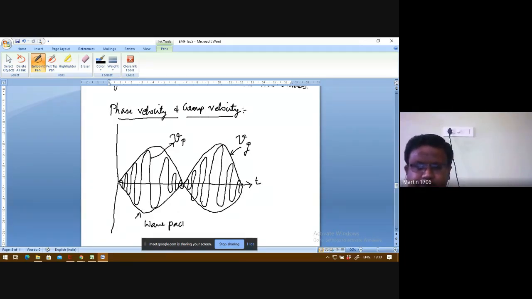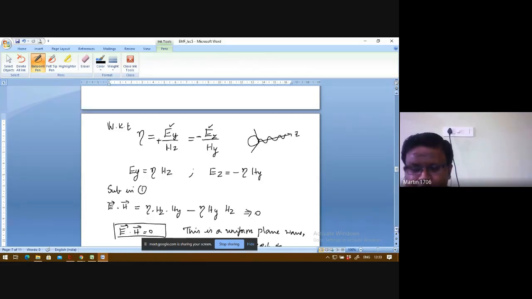Wave packets. So what is meant by wave packets? The wave can be grouped, and such a group is called a wave packet.